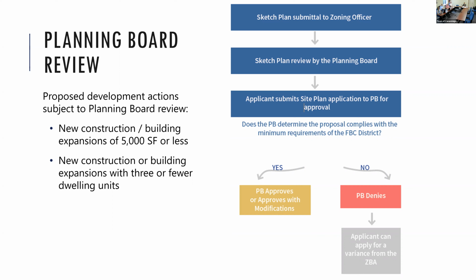The applicant could say, I missed that design element, I will change the setback from 25 feet to 20 feet to ensure I'm compliant with the form-based code. Or if the applicant says, nope, I need 25 feet because of this reason, that's when they would have to go to the ZBA for a variance.